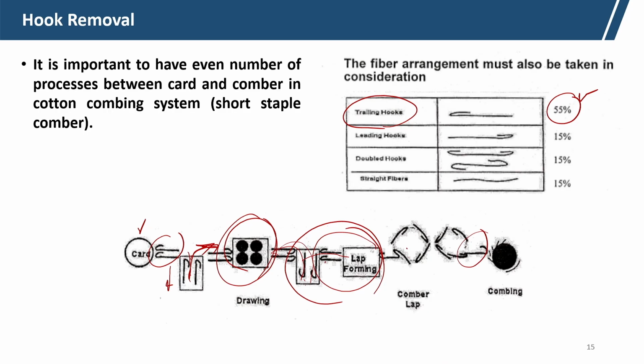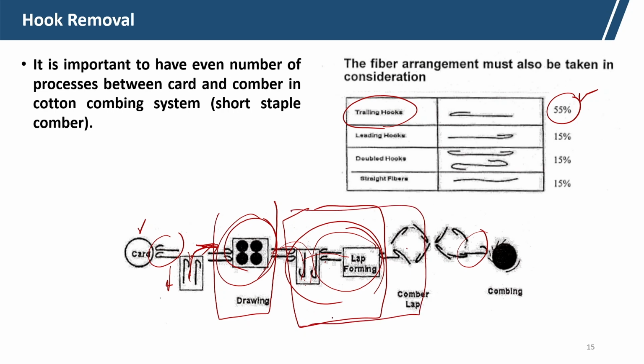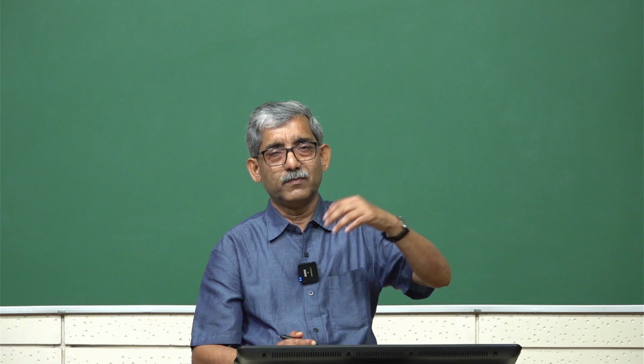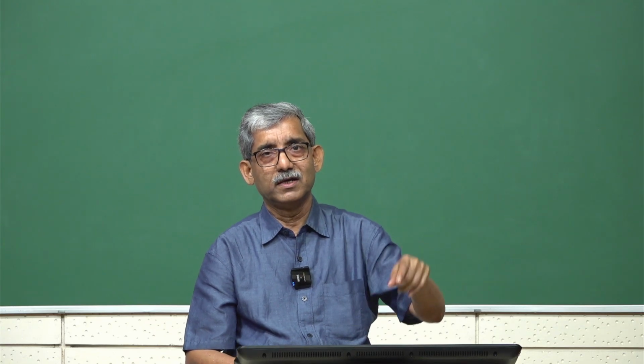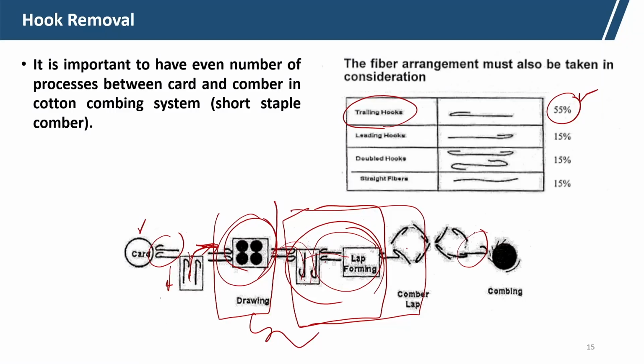Now, here we can see this is one operation and in the lap formation, the second operation. So, this even number of processes means an even number of reversals, which results in feeding the material in the leading hook direction during combing.